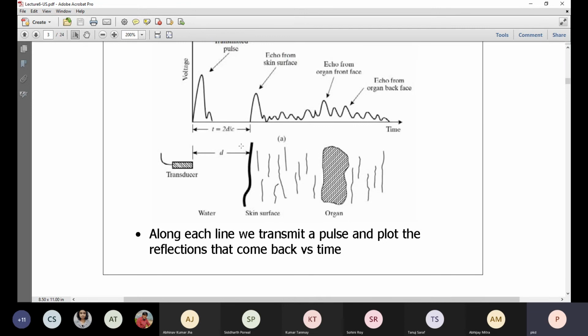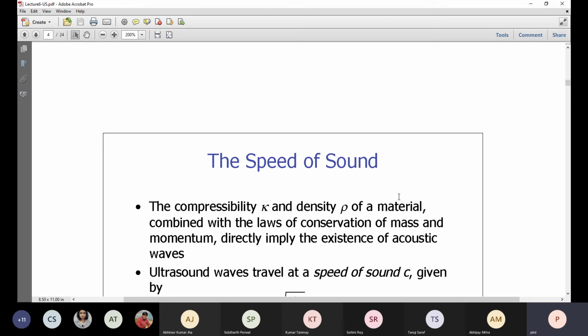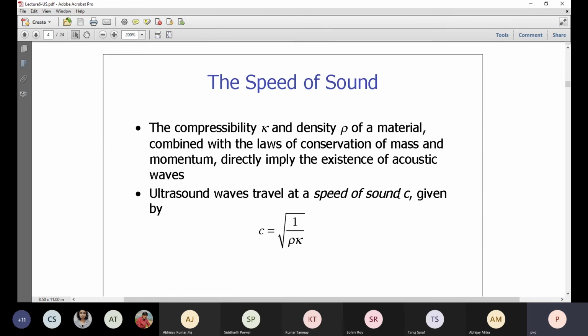And if we go to a different position, a similar one-dimensional pattern will come, and then from these multiple one-dimensional patterns, image formation can be made by some kind of registration process.